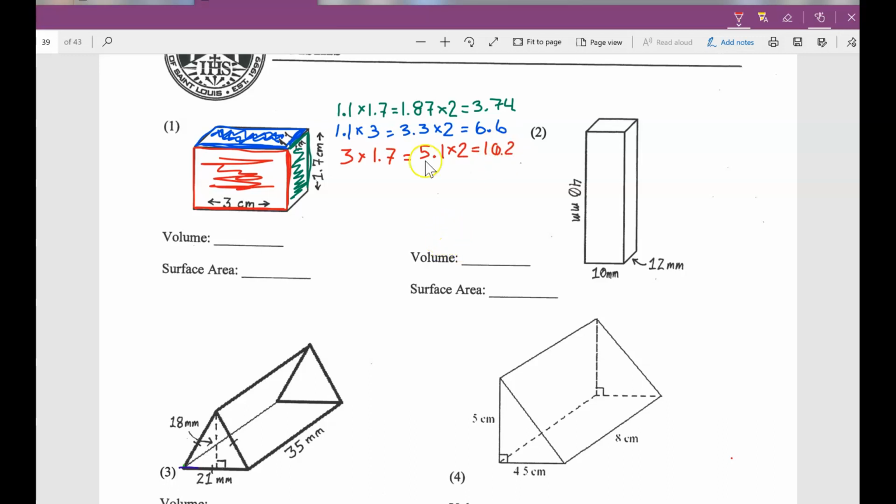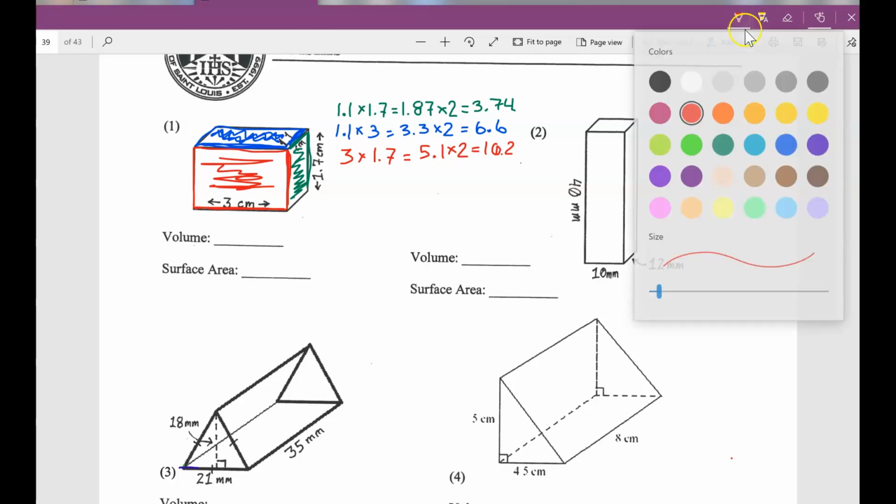Once we've done that, we've accounted for all 6 sides, so we add up our results. 3.74 plus 6.6 plus 10.2.